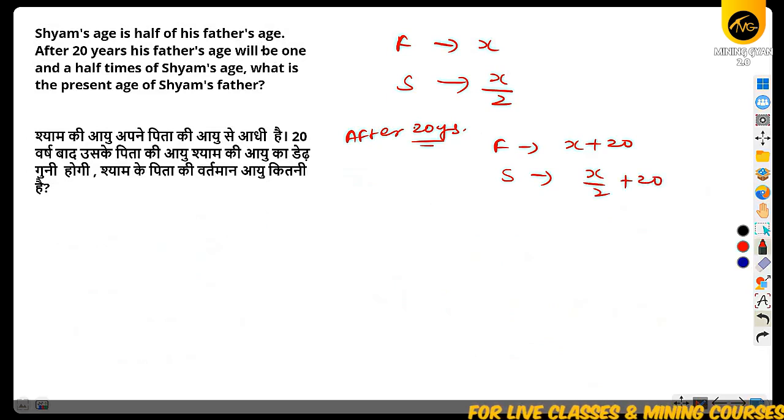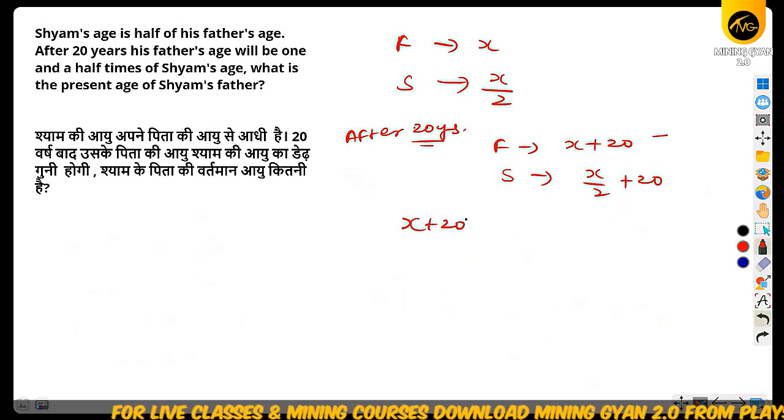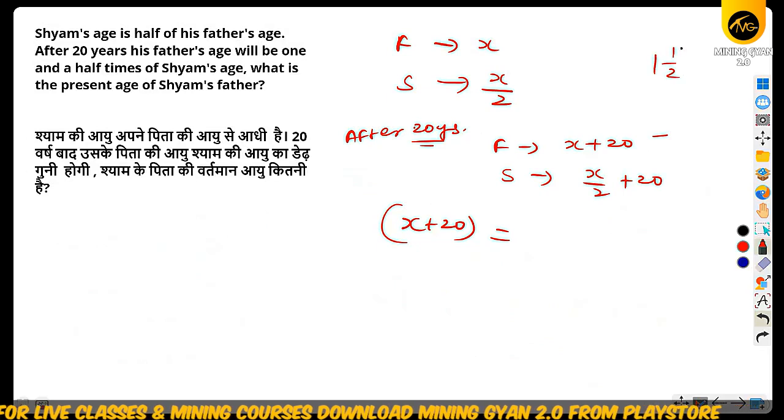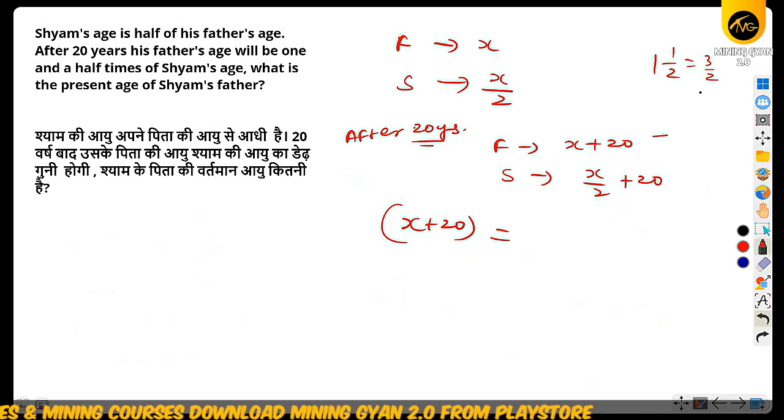Now the condition is after 20 years, his father's age, that means x plus 20, will be 1.5 times Syam's age. 1.5 means 3 divided by 2, so 3 divided by 2 into Syam's age.